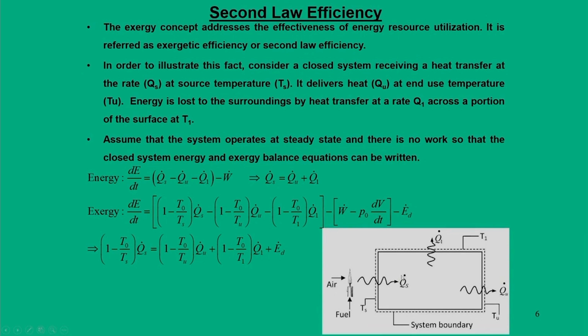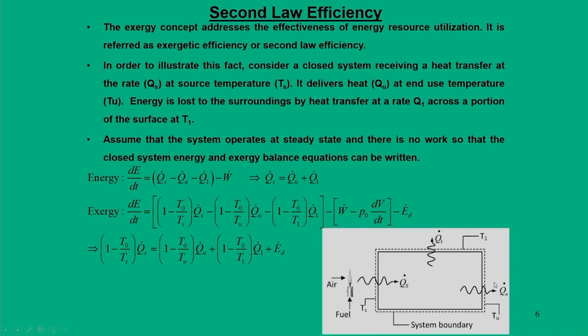So, I will say Q_s. For this system, from the left side surface, which is maintained at surface temperature Ts, it interacts with this air-fuel mixture, for which heat enters the system at a rate Q dot s, and on the other side of this closed system heat leaves for its utilization, and this temperature is maintained at Tu.